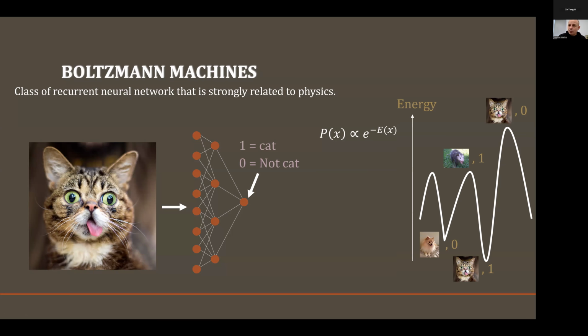But for the cat being incorrectly labeled, saying it's not a cat, we should have a very high energy associated with it. Similarly, if we have a dog, we would like that dog image classified as not cat. And similarly, we'd like to have a low probability of a possum being classified as cat, because, well, if you bring a possum home from the pound one day, you'll probably be quite disappointed.